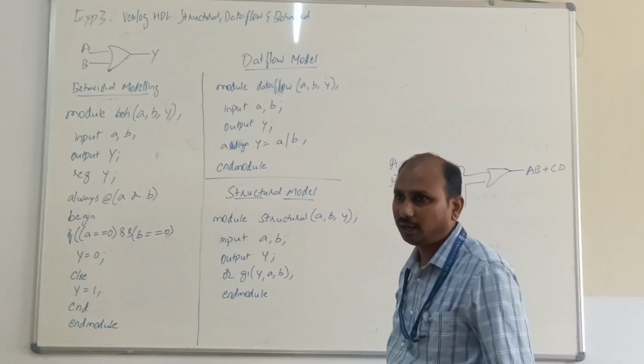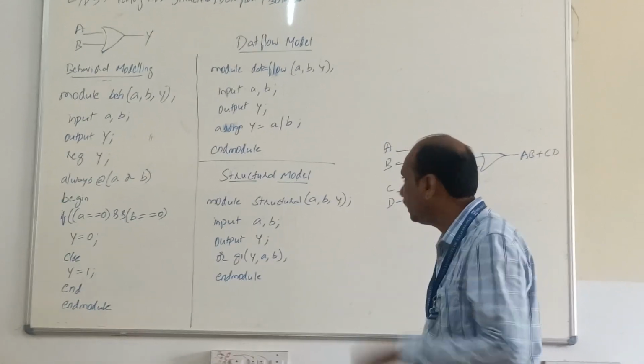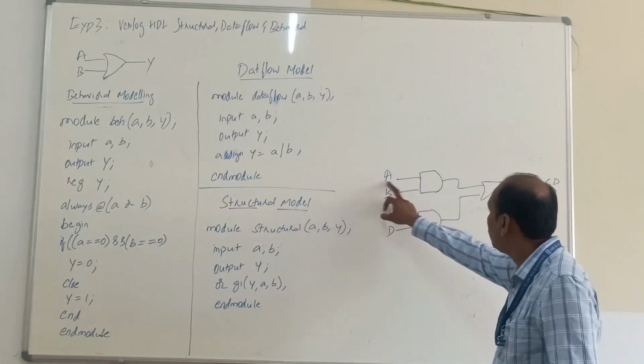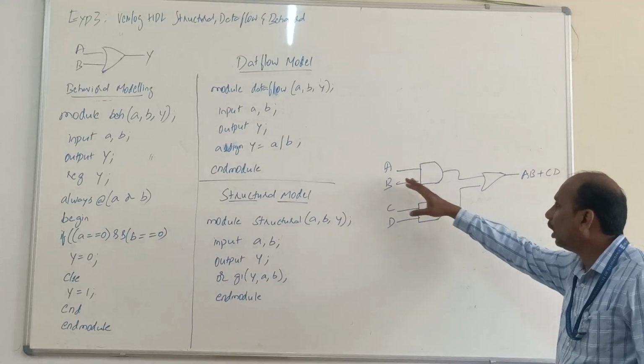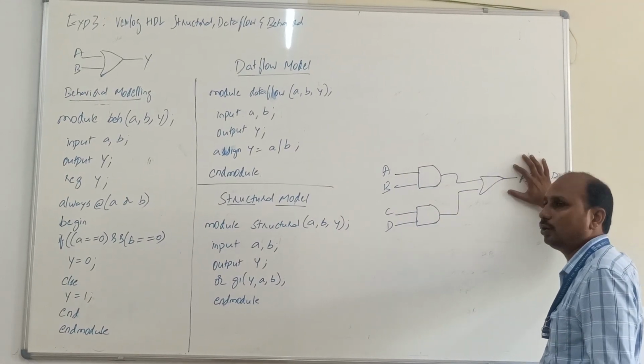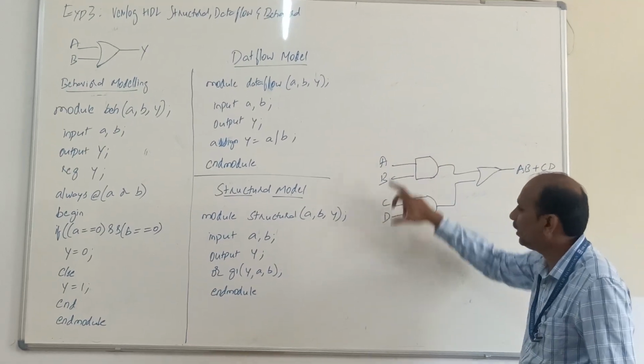Now what is this behavioral model? The behavioral model tells, for the given inputs, what the output can be. So how the output is going to behave based on the given inputs.